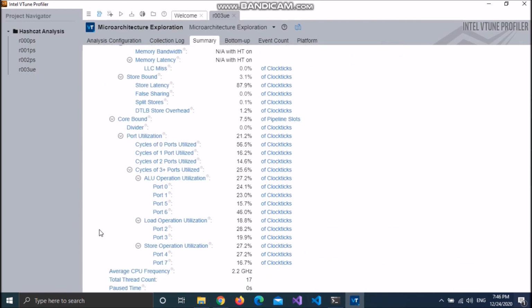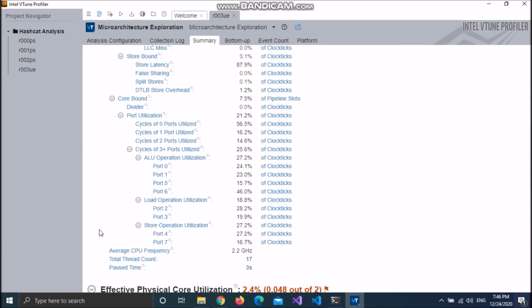Next, down here, I found another great metric, which is this ALU operations utilization. So these port 0, port 1, port 5, port 6 are actually the functional units among which this percent of the workload was divided. And the ALU operations, like it says here, were divided by this percent to these respective functional units.